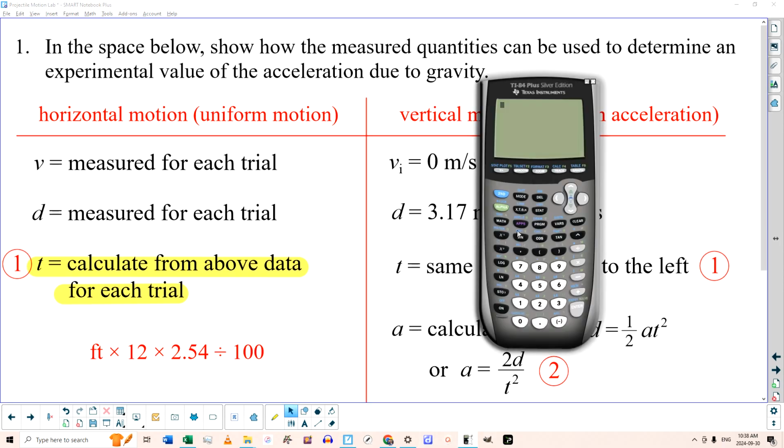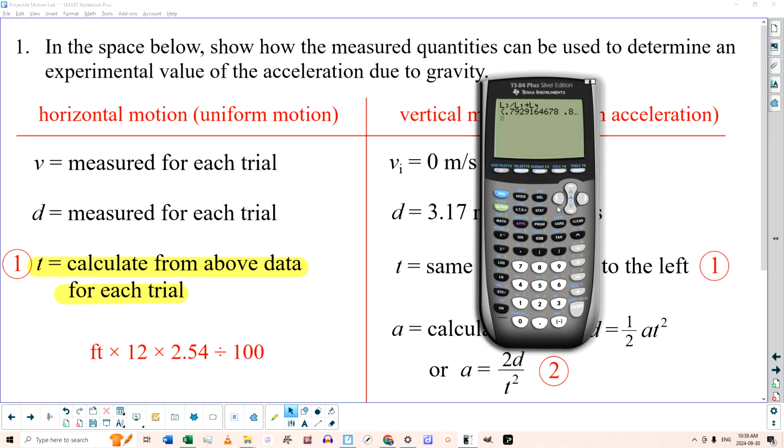So where are my horizontal distances? They're in L3. So second 3 gives me L3 divided by, where are my horizontal speeds? They're in L1. And I want to store this someplace because I'm going to use this in a calculation that's about to come up. Well, I have 6 lists, so why don't I store it as L4?